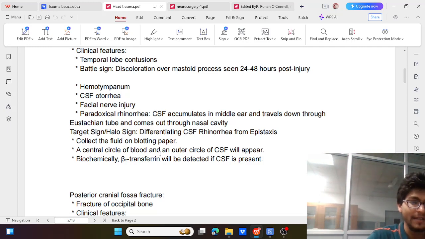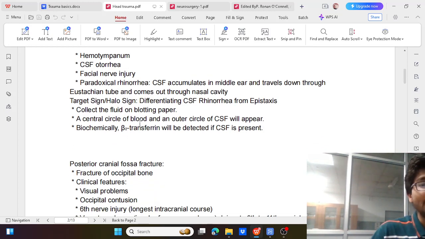But if we have an inner small bloody circle and an outer non-bloody circle, that is due to CSF. So the inner is blood and the outer circle is CSF. If there are two different circles, that is the target sign or halo sign. So we'll have a surrounding halo. And biochemically we can check for beta-2 transferrin, which will be detected in CSF.